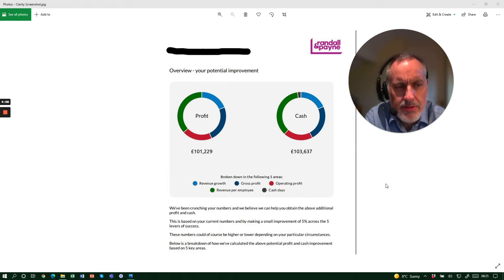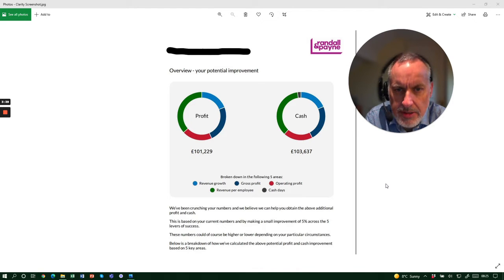And what I will say is that with quite a few businesses we look at, the cash improvement is often quite a lot more than the profit improvement, but this business is obviously on top of its cash collection and its cash flow cycle. So you can see on the screen an illustration of what that improvement looks like, and in this case on the left, the 5% across the 5 numbers is contributing fairly equally to the improvement in profitability.